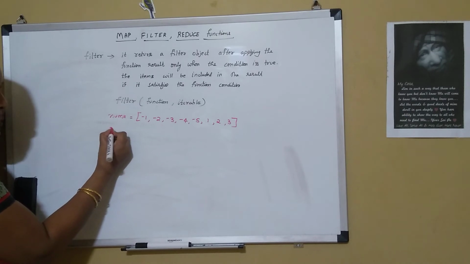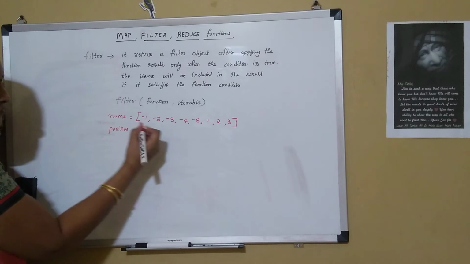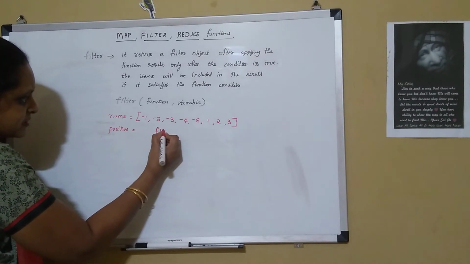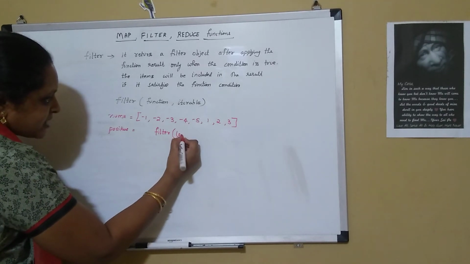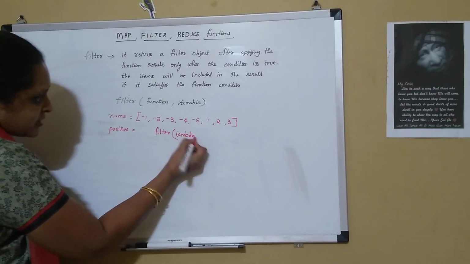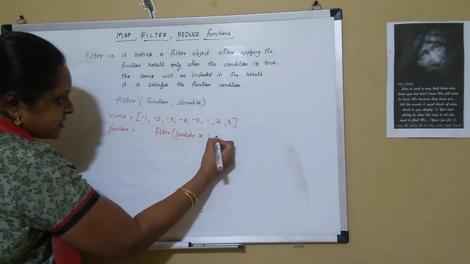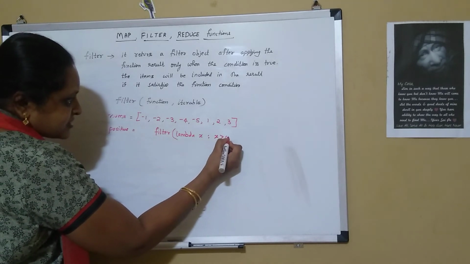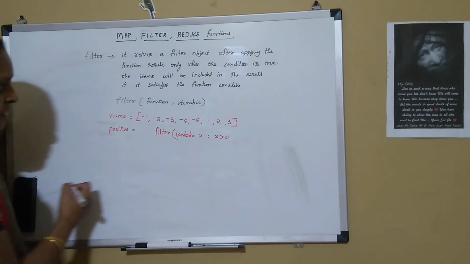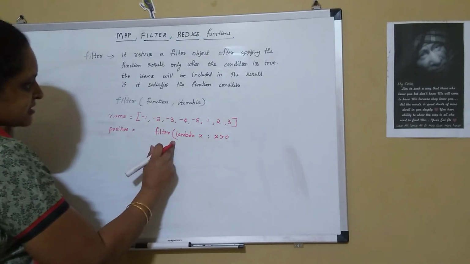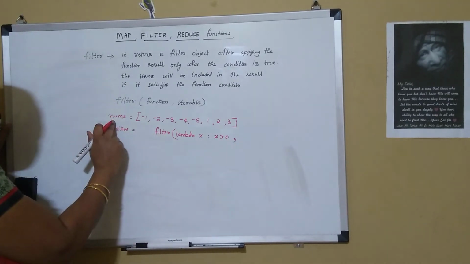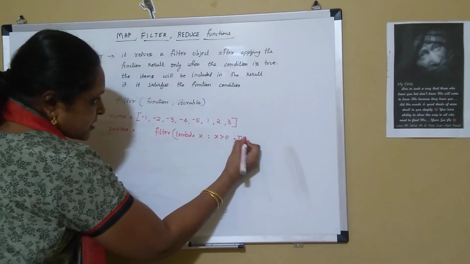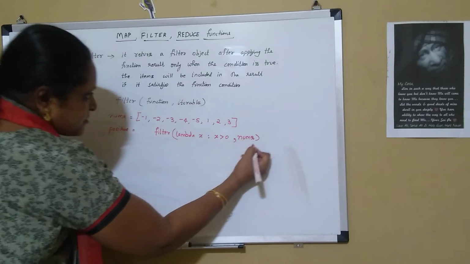So if I want to store in positive, I say filter, the function is again a lambda function, lambda x colon x greater than 0, and then the iterable in this case is nums.